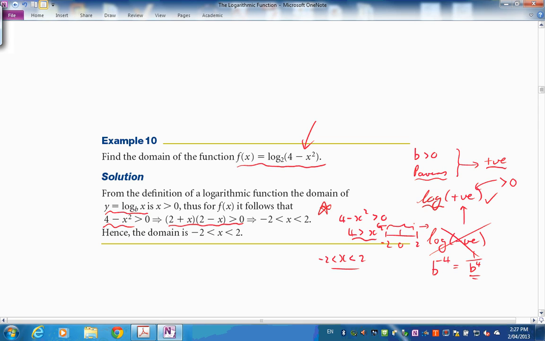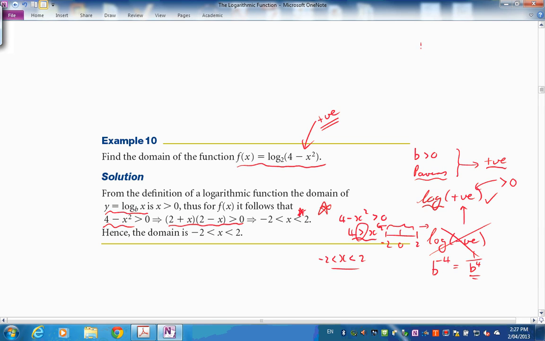You must have x squared less than 4, so it's between negative 2 and 2. Or you could draw a sign diagram for that factored form. So the domain requires that the expression you're finding the log of must be positive.